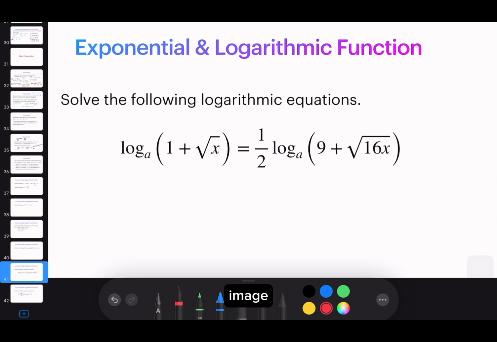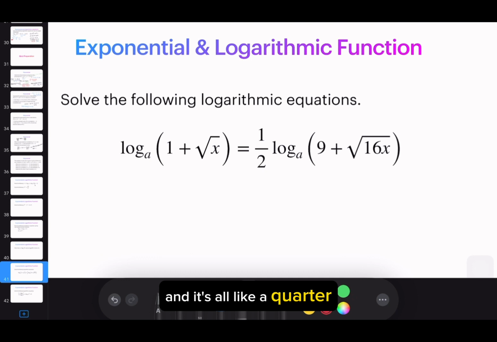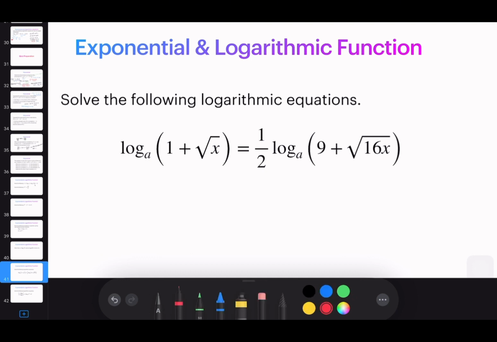The first idea that we can take out of the root would be just square. And then it's all like a quadratic equation. But it's not quadratic, but it will be a quadratic. Cancel root of x. So on this side would be 2 root of x, and this side is root of x.